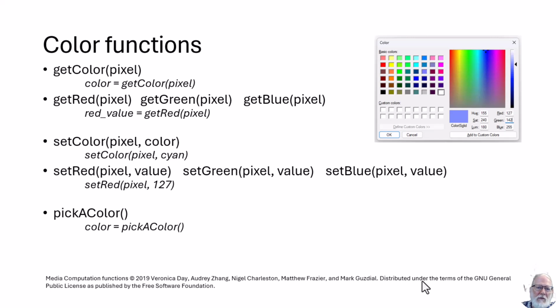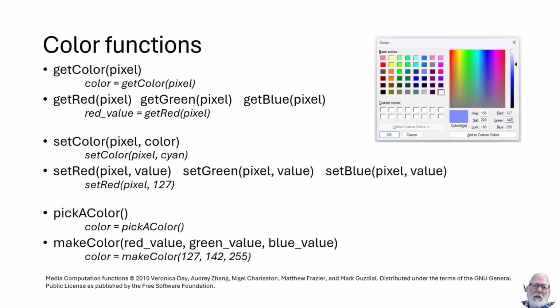And so again, this is an assignment that we're making. The example is color equal pickAColor. Notice we don't put anything inside the parentheses of the pickAColor function. We're not giving it anything. We're just asking for it to display the dialog box. The user will make a selection, and then it returns the values that the user selected.